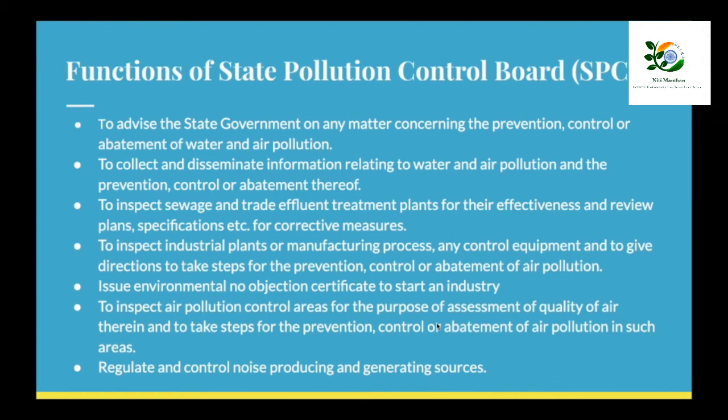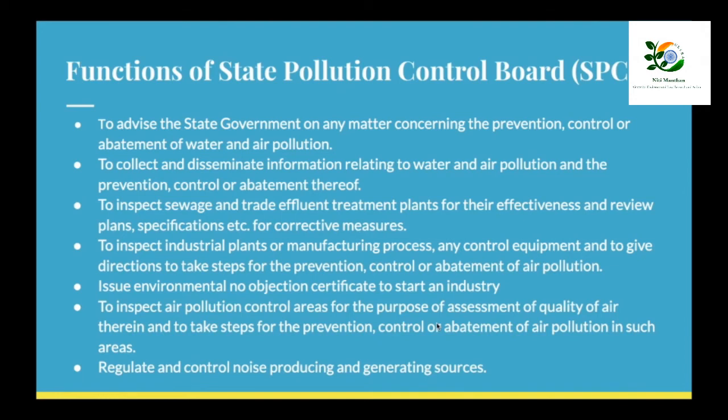It is the duty of the board to inspect industrial plants or manufacturing processes and any control equipment, and to give directions to take steps for the prevention, control, or abatement of air pollution. The board issues environmental notices, objections, and certificates to start any industry. The industry has to first take permission and a certificate from the State Pollution Control Board to start its working.